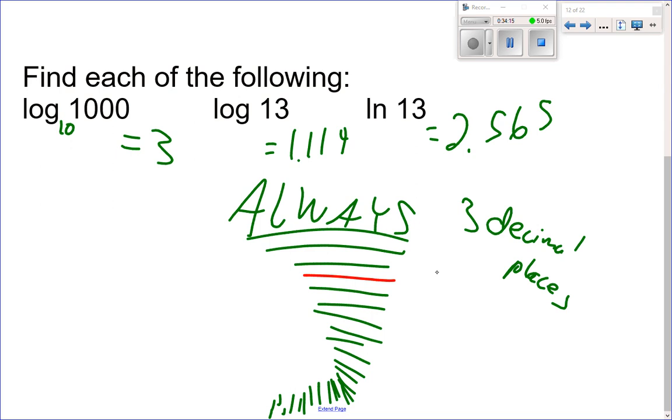This is the next thing that you just have to know. You have to know that anytime you are dealing with logarithms, evaluating a logarithmic function, always round to 3 decimal places. That is the industry standard. Why 3? I don't know why 3. I'm not here to write the rules. I'm here to explain the rules. Those are the rules. Always 3 decimal places.